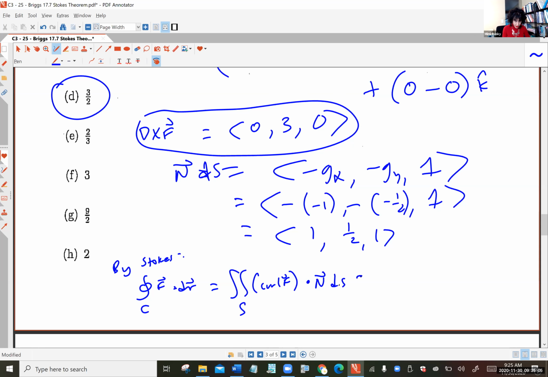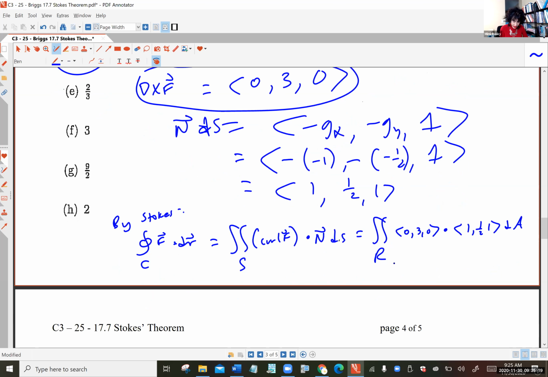And so I'll turn that into a regular double integral. And so your curl was 0, 3, 0, and the dot product with 1, 1/2, 1, and then dA. And this is a super easy dot product to take because you're just going to end up with 3/2 because your curl was a constant vector. We call this a constant vector.